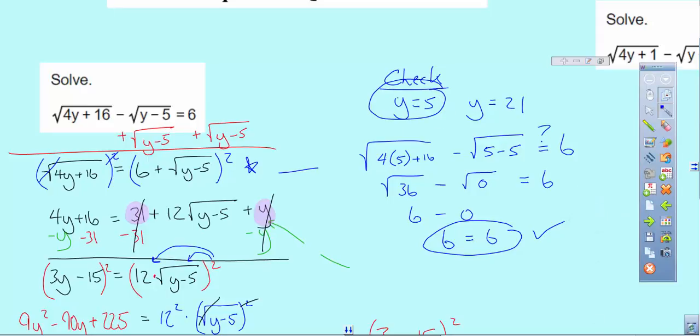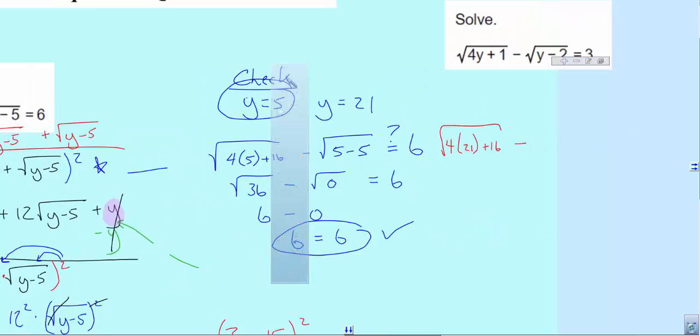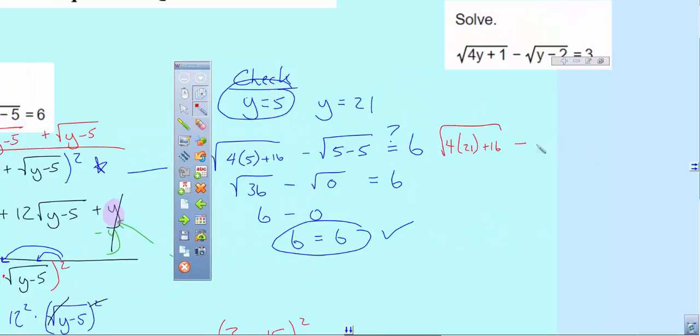We go ahead and we check the 21. So we do the same thing. We plug the 21 in. So we get 4 times 21 plus 16, take the square root of that, minus 21 minus 5, square root of that, and the question is, does that equal 6?